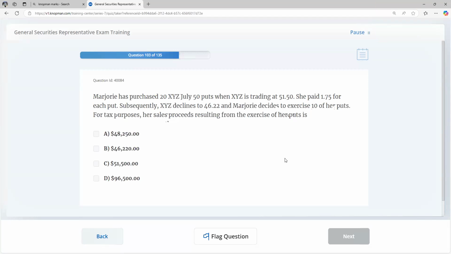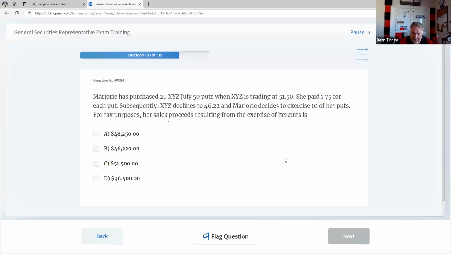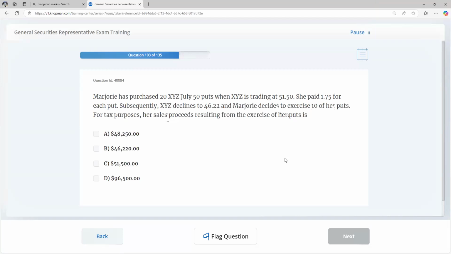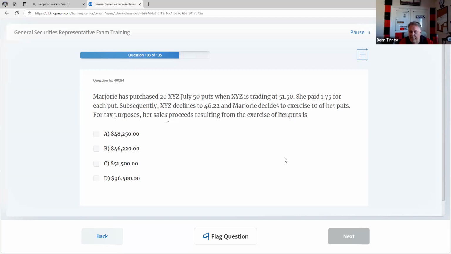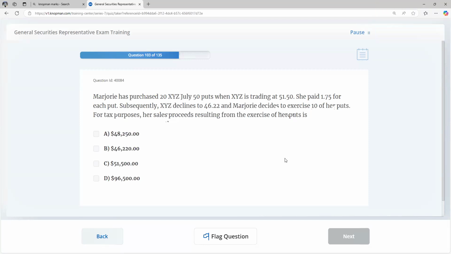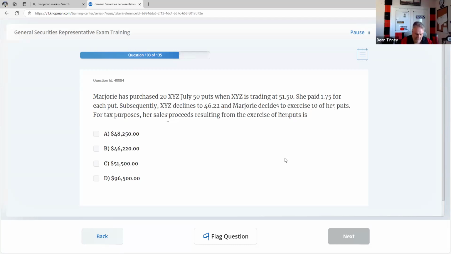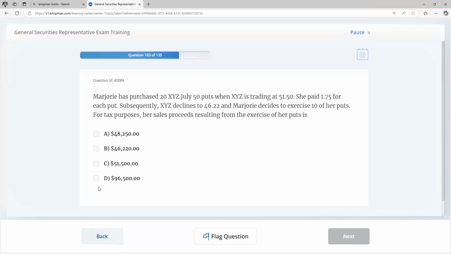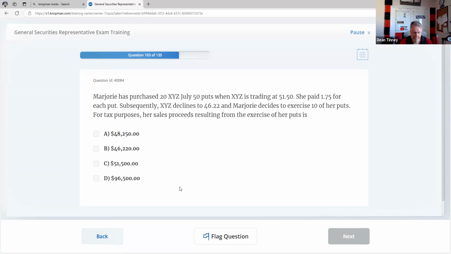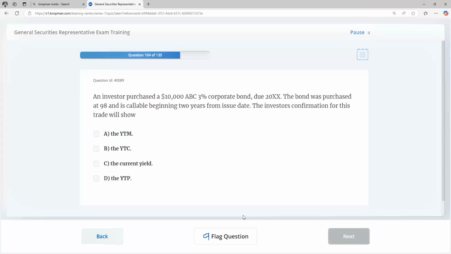So that's going to be her sales proceeds minus the cost of the put. 50 minus $1.75, which is 48.25, and we have 1,000 shares there. I say 48,250. Is that what you're going to say? Yeah. I just got a little thrown off because of how many.